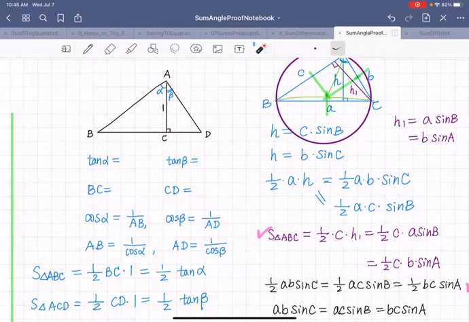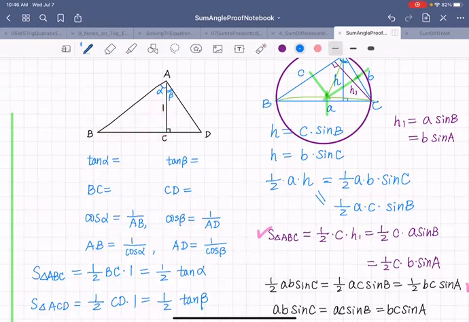If this is alpha, this is 1. Tangent alpha is who? Opposite over adjacent, right? Correct? Yes.